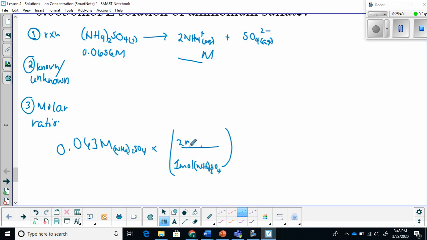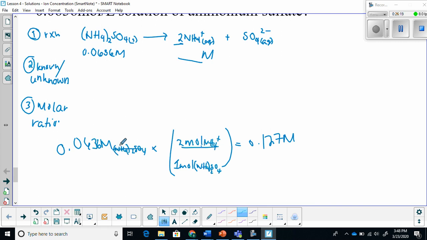Okay, so 2 moles of NH4 plus. Remember that number is coming from the subscript. Perfect. So in your calculator, you're going 0.0636 multiplied by 2 divided by 1, which will give me a concentration of 0.127 mole per liter.